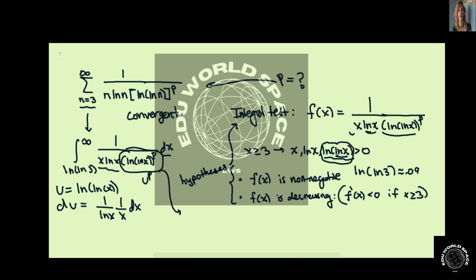So there was a little typo up here. Let me go back and change this. I did not do the substitution at this point, so that lower bound should have just been a 3.